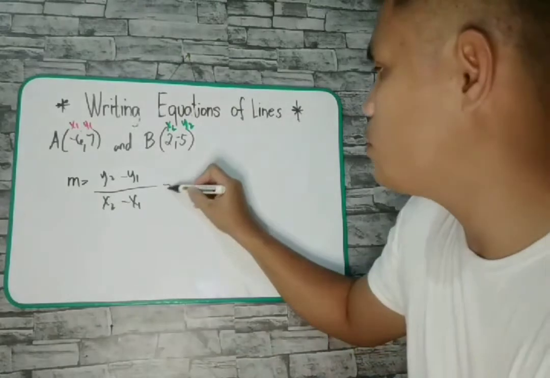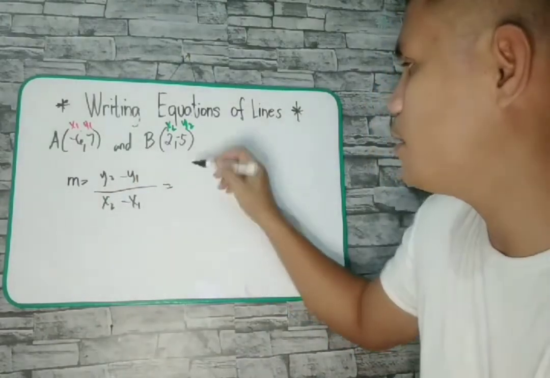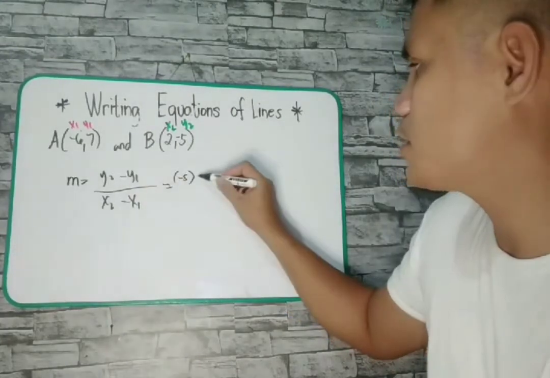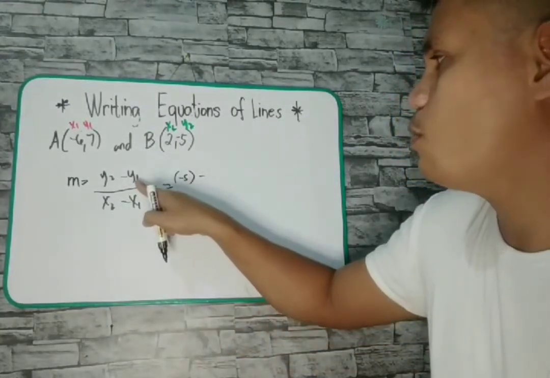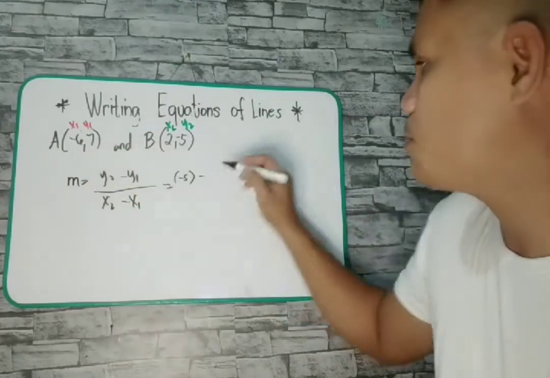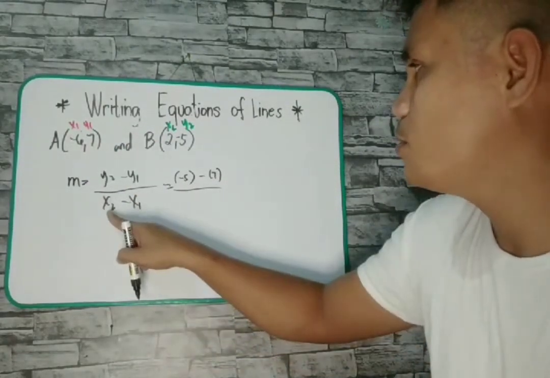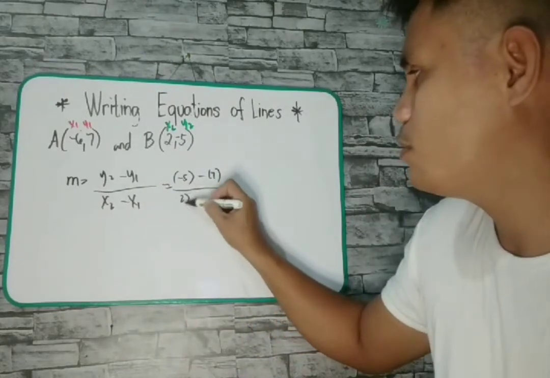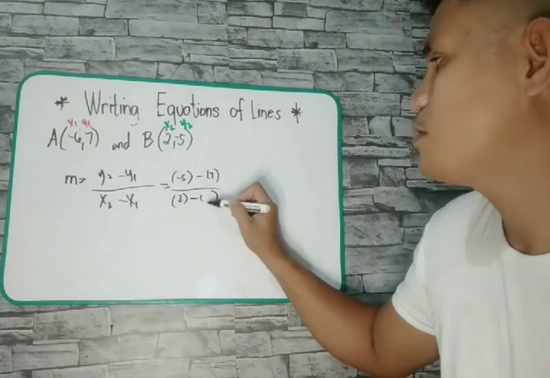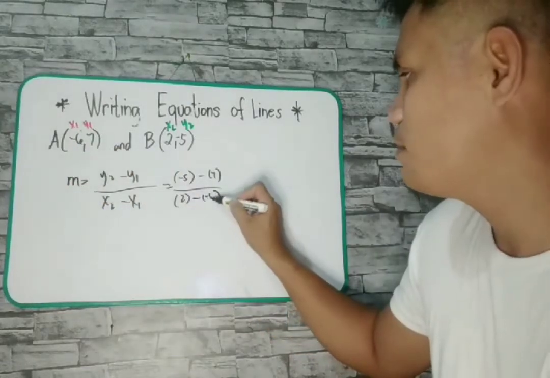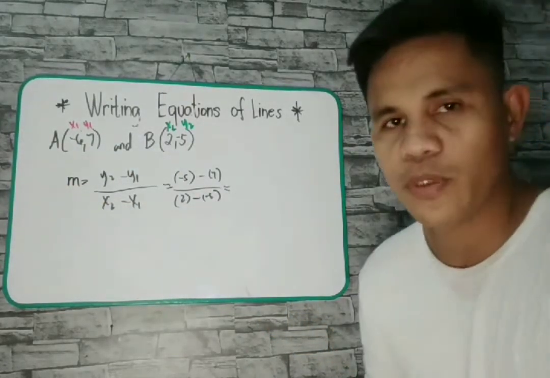Our y2 is negative 5, that is negative 5 minus, just copy the minus sign. What is our y1? Y1 is positive 7. And then our x2 is positive 2 minus, what is our x1? That is negative 6.